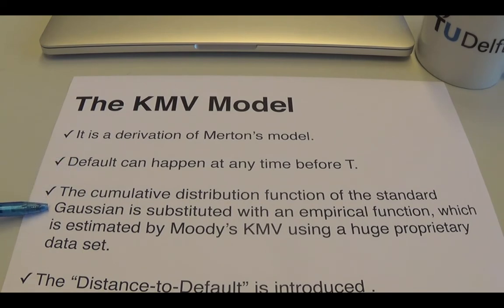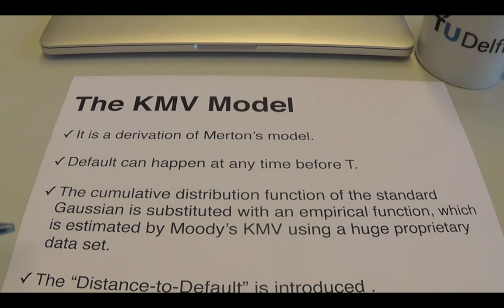The cumulative distribution function of the standard Gaussian, which is one of the main characteristics of Merton's model, here is substituted with an empirical function, which is estimated by Moody's KMV using a huge proprietary dataset.